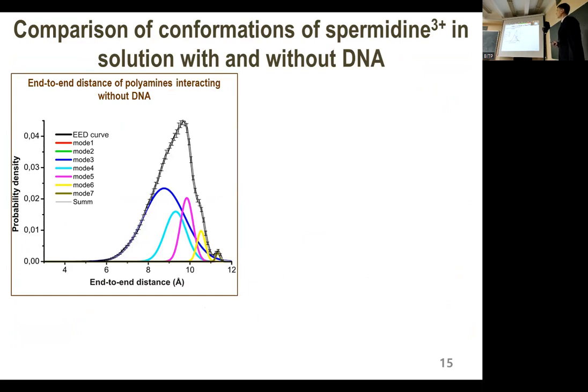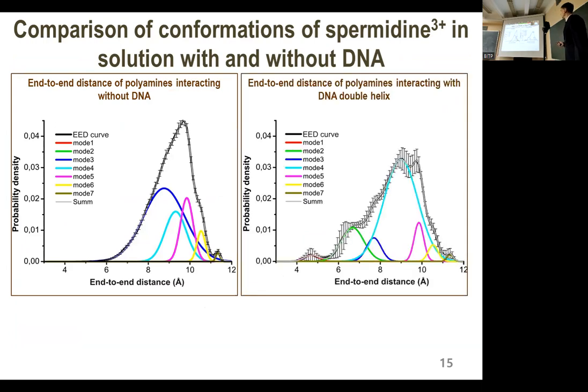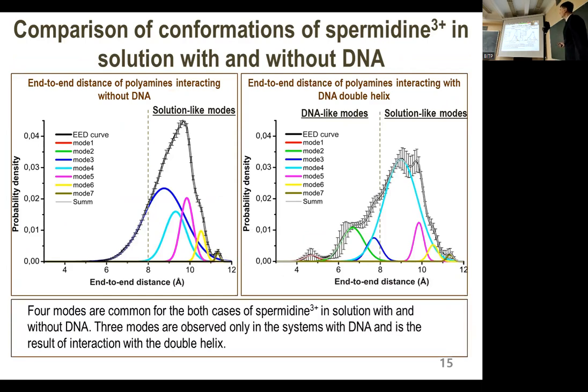And it is close to the mean distance that we have for polyamines in solution without DNA. But when we add DNA molecule, you can find that we have different peaks, shoulders, and so on. We have additional modes, and we have at least 3 modes that appear in the presence of DNA double helix.